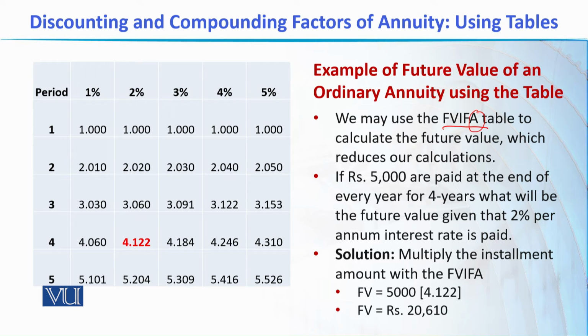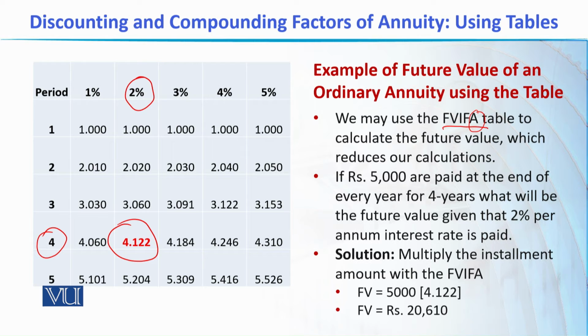You see that in this problem, we have the value of n equal to 4, that is there are 4 years, and the value of r, that is the rate of interest, is 2%. So below 2%, in front of 4 years, we have a value in red color, that is 4.122.